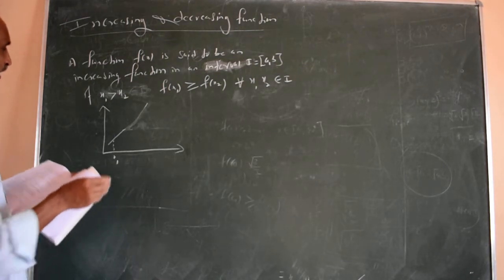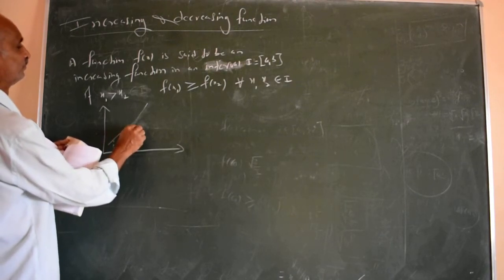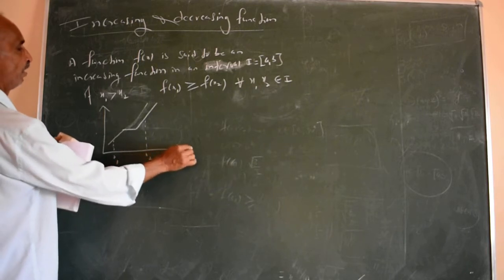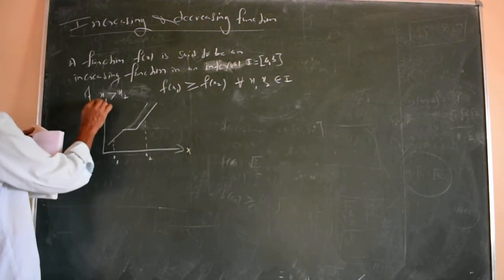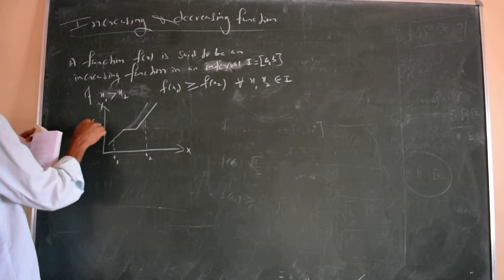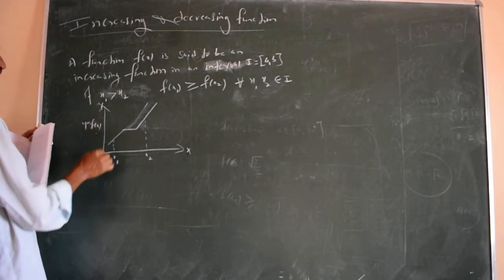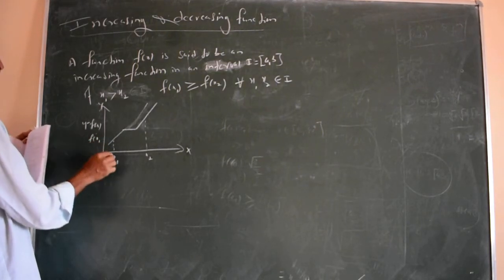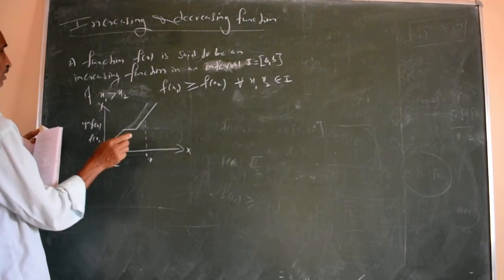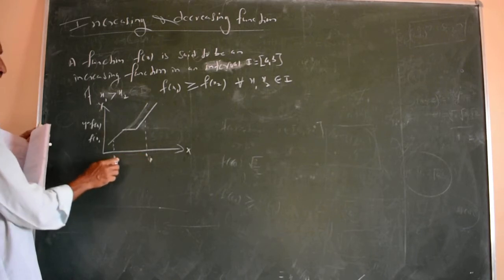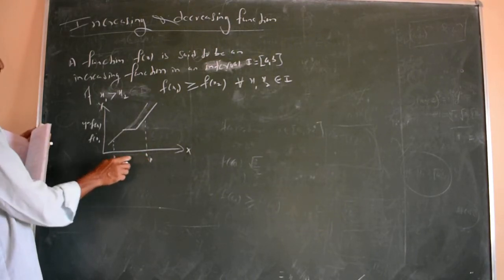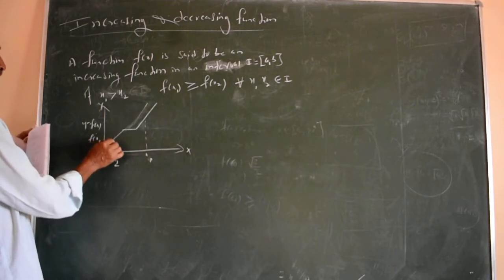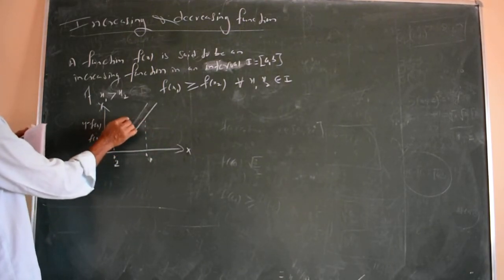On the y-axis, y means f of x, y is equal to f of x. Here is the f of x2 value, and here comes the f of x1 value. Here x1 is bigger than x2, the right side is bigger.